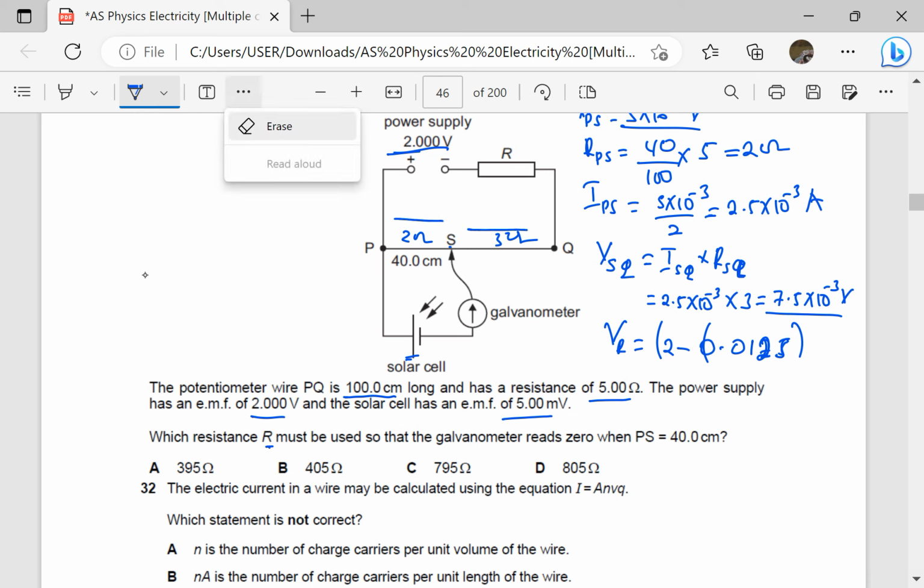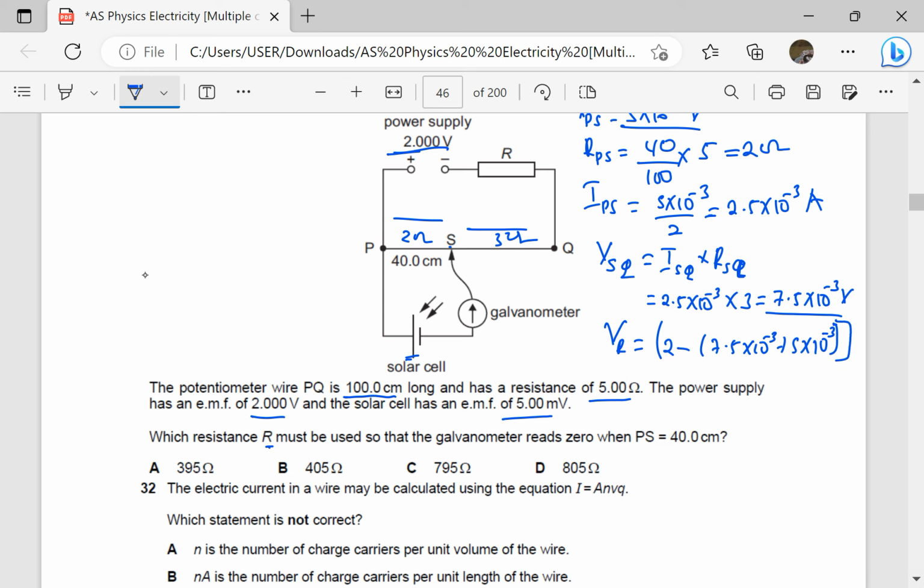Let me try to erase this because it is confusing here. So I'm saying 2 minus the PD across PQ, which is 7.5 times 10 power negative 3 plus 5 times 10 power negative 3.